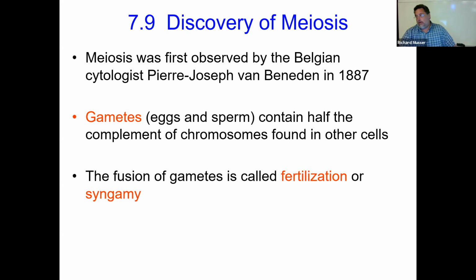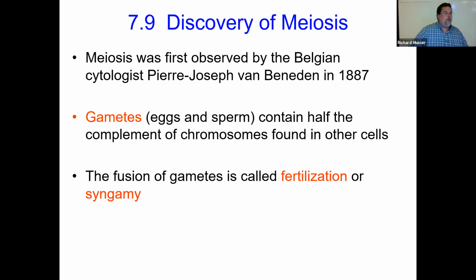Because remember, you get half of your chromosomes from your mother and half from your father. Right now, you're what you call a diploid organism, meaning you have a double set of chromosomes. And so what you're going to end up with is sperm or egg, and we call that haploid, or half the number of chromosomes. So for humans, for instance, you have 23 pairs of chromosomes. So if you count them all up, of course, it'd be 46.